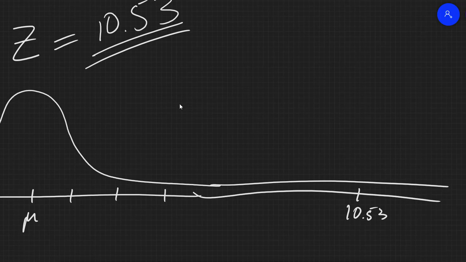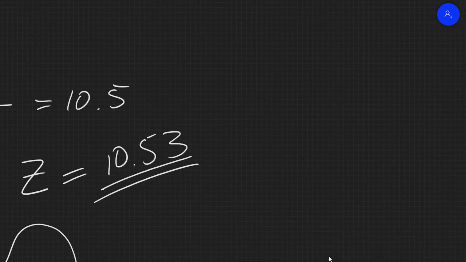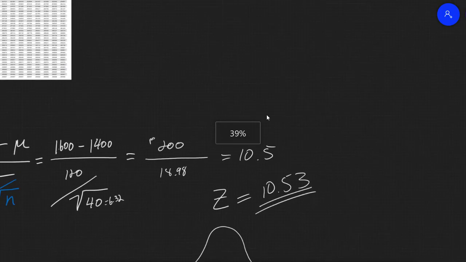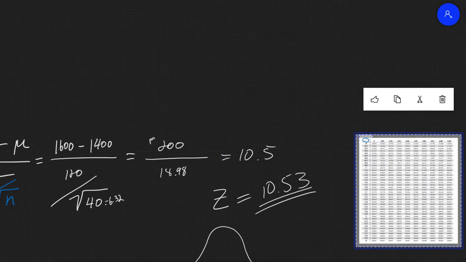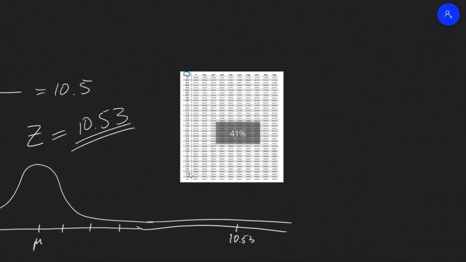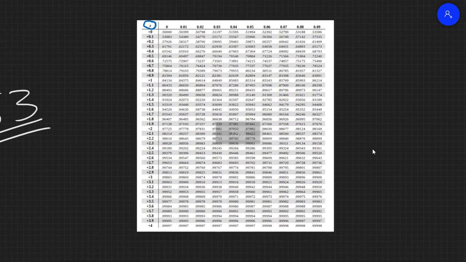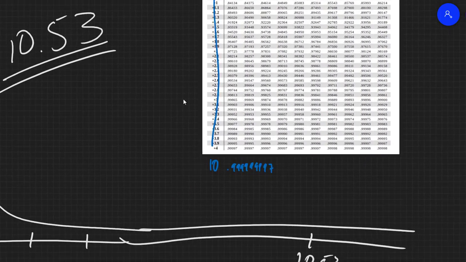10.53. At this point, we need to bring in our z table. Here's our z table. At this point, we can look at our z table, and our particular z-score is so large. This is a terrible example. It's so large that 0.999999997 is the area left of our curve.